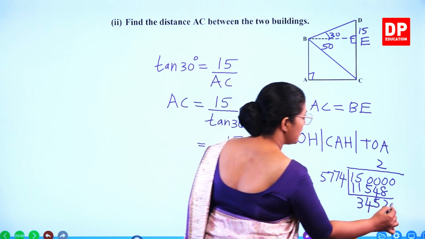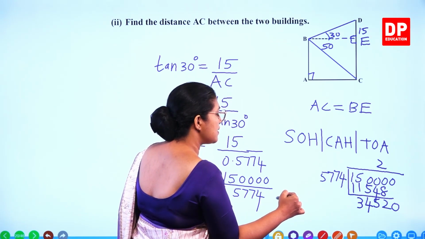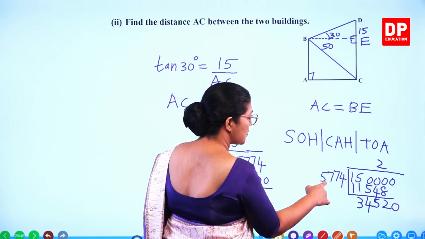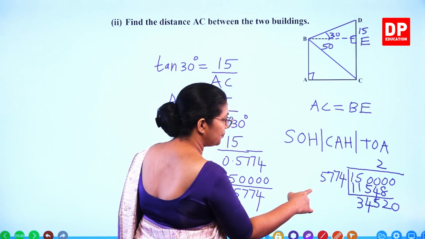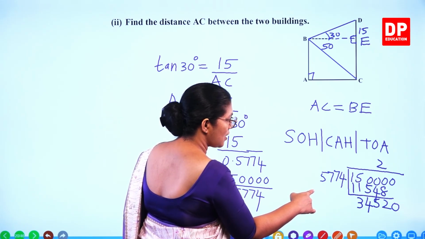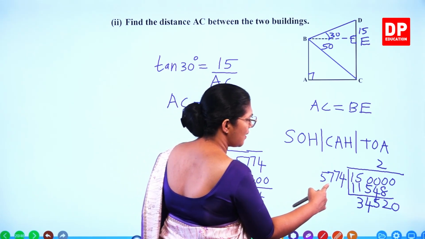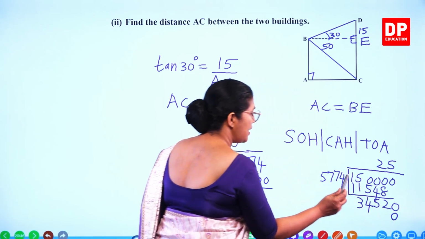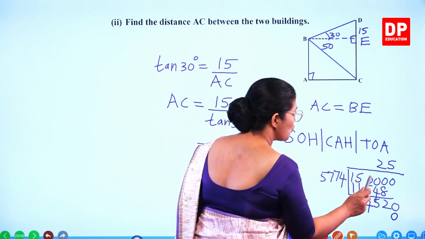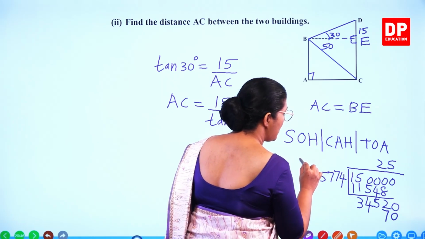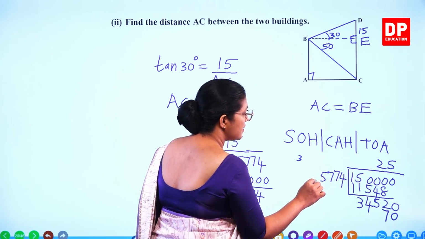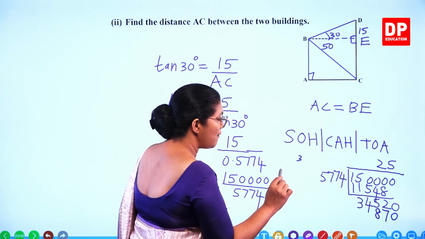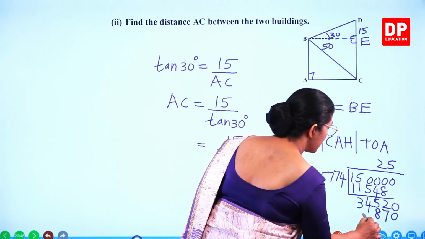You get this, and then for 34,000, let's multiply by 6. 6 is more than, I think so. Let's take 5. 5 times 4, 20. 2 remaining. 5 times 7, 35 plus 2, 37, 3 remaining. 5 times again 7, 35 plus 3, 38, 3 remaining. 5 times 5, 25 plus 3, 28.